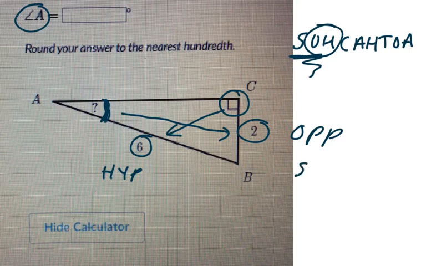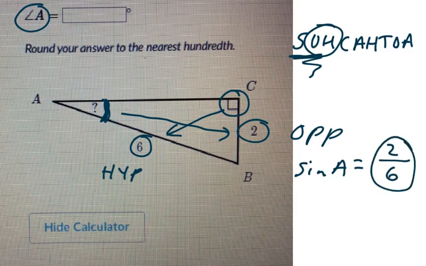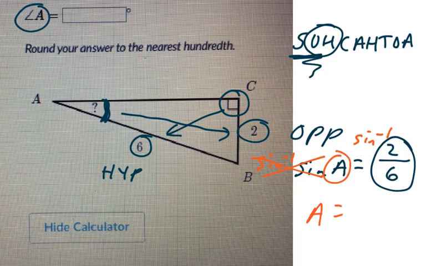So I know that the sine of our angle A equals the opposite over the hypotenuse. We're going to, of course, divide that in our calculator. And our final step is we're going to do sine inverse, because sine inverse gets rid of sine. And notice I'm just left with angle A equal to whatever that is.